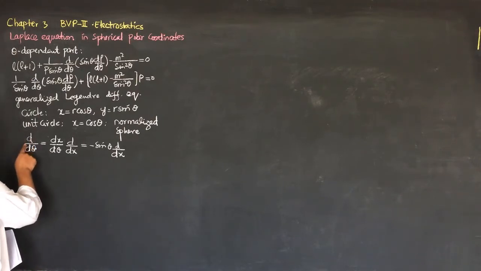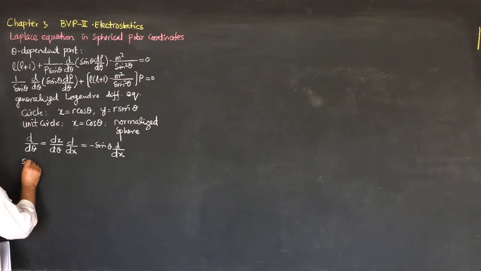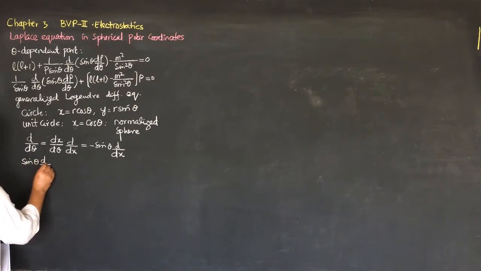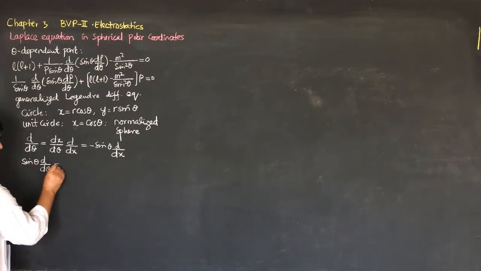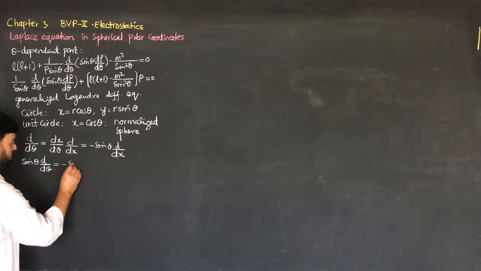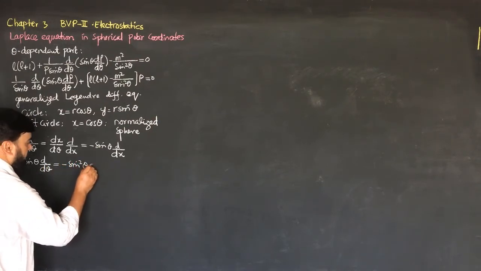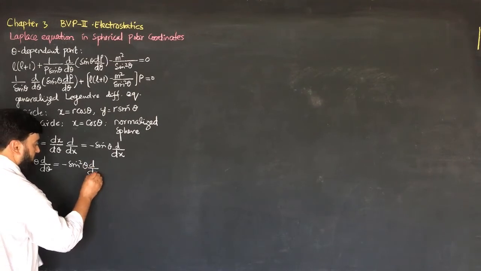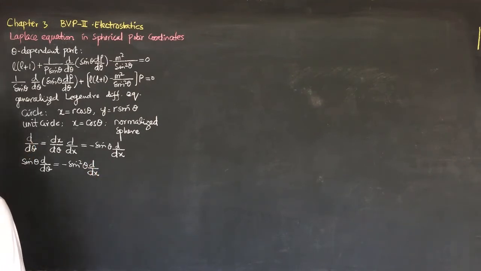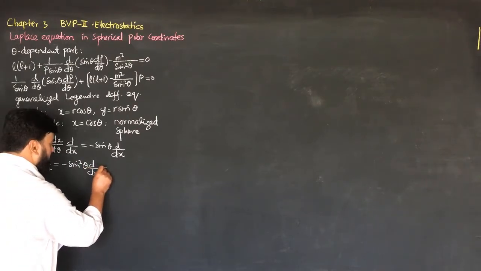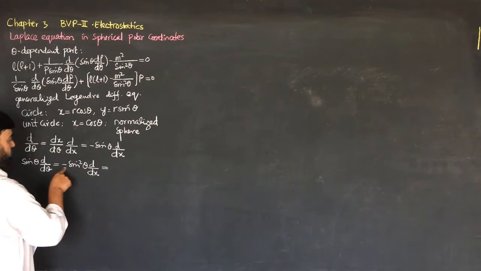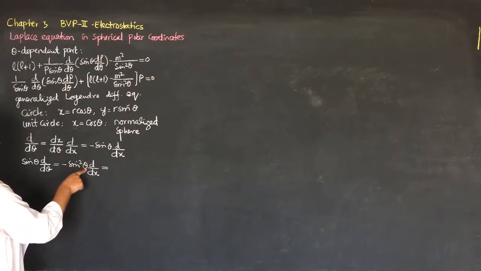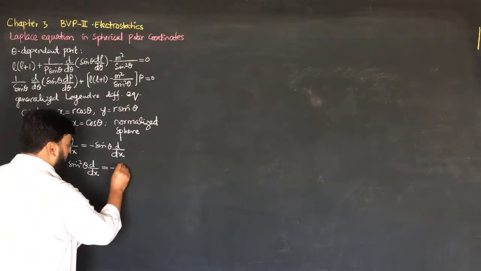If I multiply sine with this, then sine theta d over d theta will be equal to minus sine square theta d over dx. Now from sine square theta plus cos square theta equal to 1, I can write that sine square theta is 1 minus cos square theta.